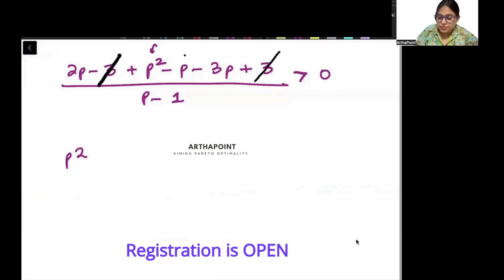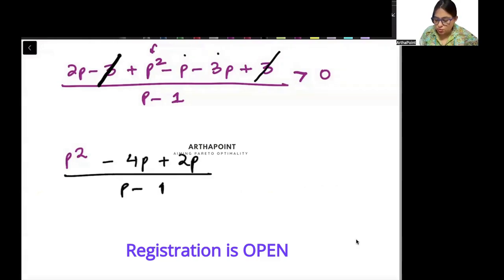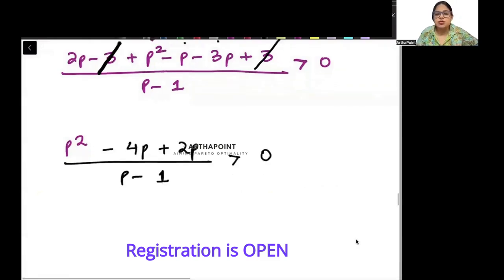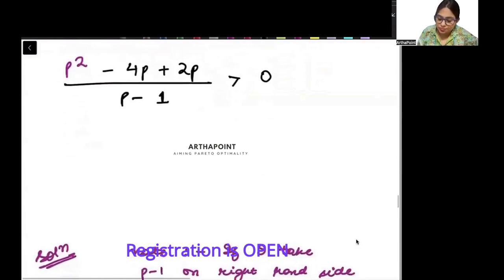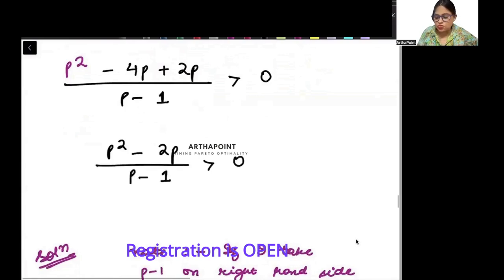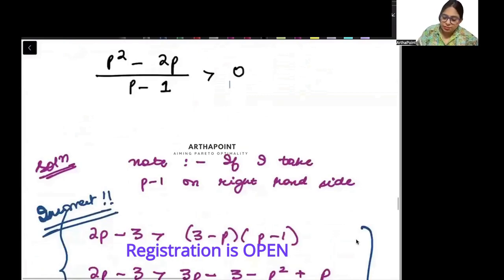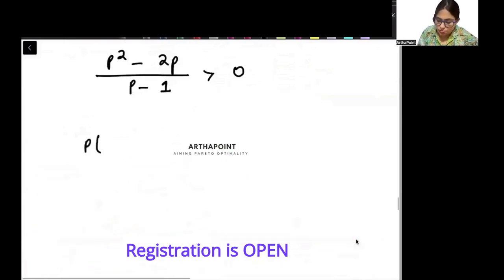This is minus p minus 3p minus 4p plus 2p upon p minus 1 greater than 0. Right? p square minus 2p upon p minus 1 greater than 0. Right? Beta, I will take p common. p into (p minus 2) upon (p minus 1) greater than 0.